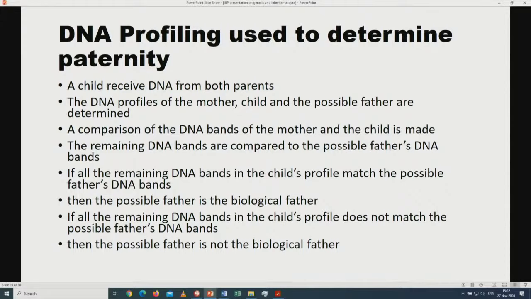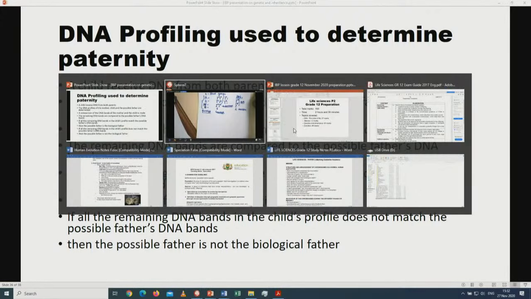The remaining DNA bands are compared to the possible father's DNA bands, and if all the remaining bands of the child's profile match the possible father's DNA bands, then the possible father is the biological father. And if the remaining bands of the child's profile do not match the possible father's DNA bands, then the possible father is not the biological father.